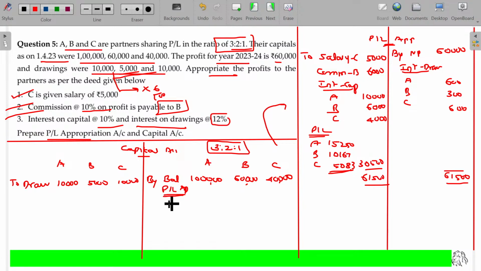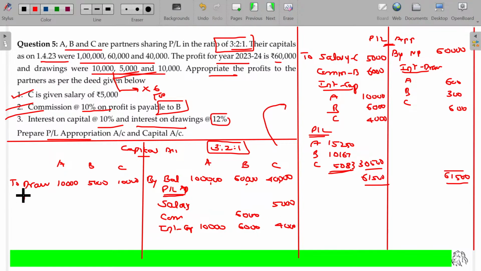Under that, for salary, C will be credited with 5,000. For commission, B is credited with 6,000. Interest on capital, A, B, C all will get 10,000, 6,000, and 4,000.